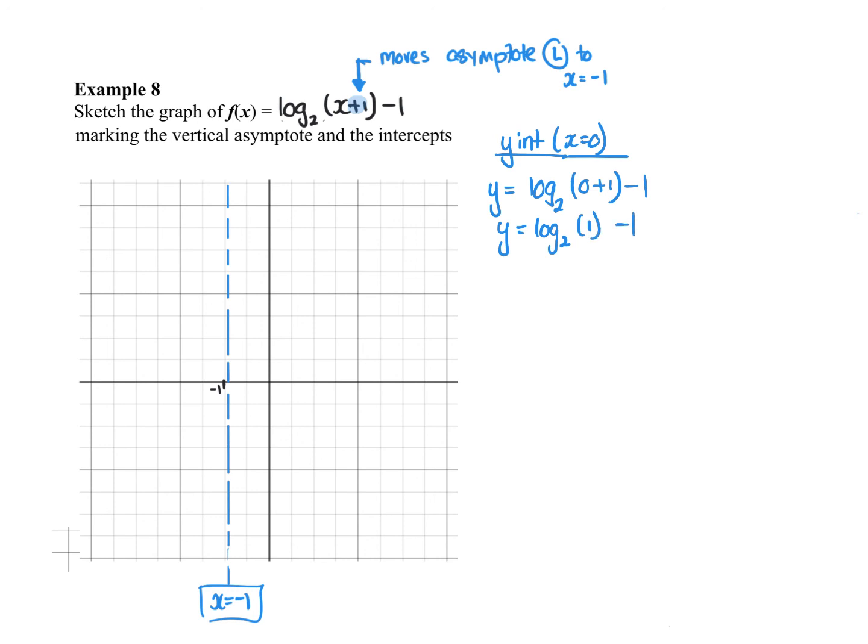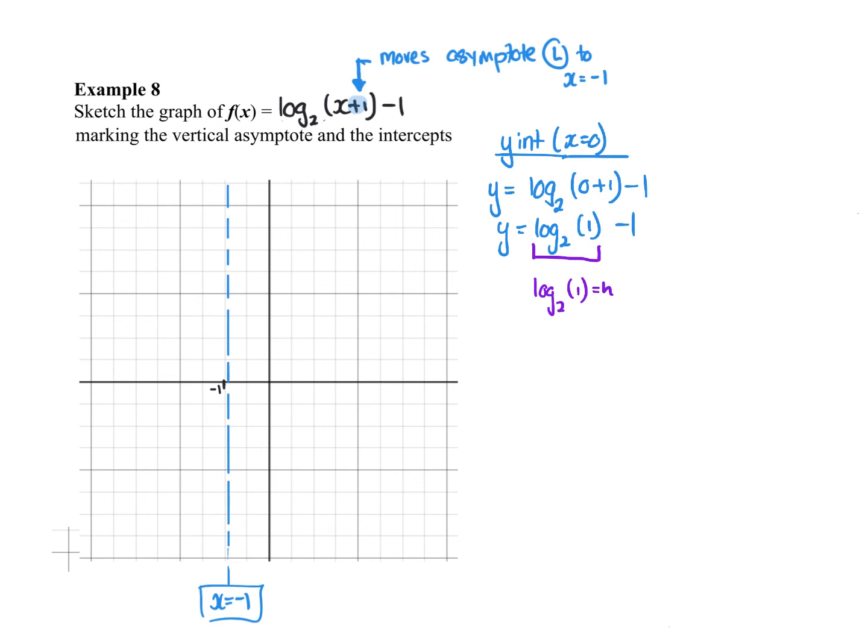If you've got your calculators you just sketch it, trace it, get the intercepts nicely, but we don't. So if we've got to work out what log 2 of 1 is, remember back to our log rules. I'll call it h, like I want to know what it equals.